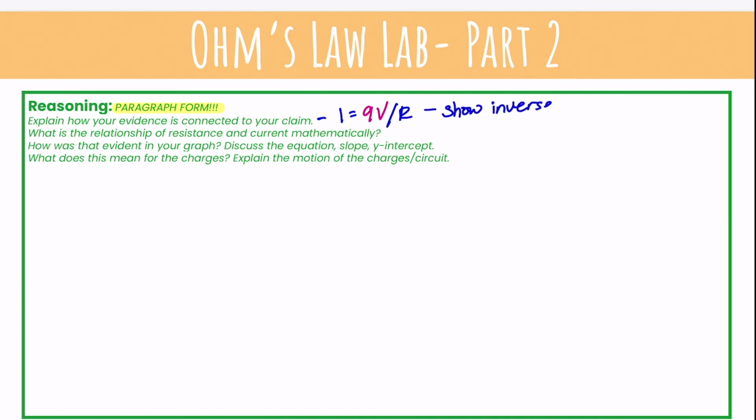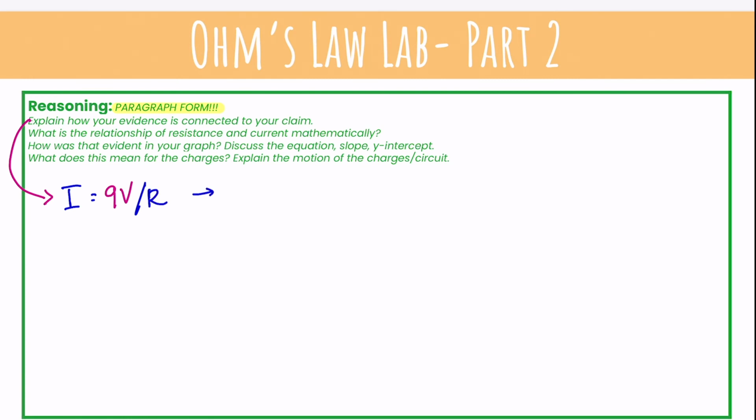Okay, how does this show that as you increase the resistance, let me write this somewhere else. All right, so for this part, how are you going to show that current is equal to your constant of 9 volts divided by resistance? And you're going to show this as when you increase resistance, the current is actually decreasing.